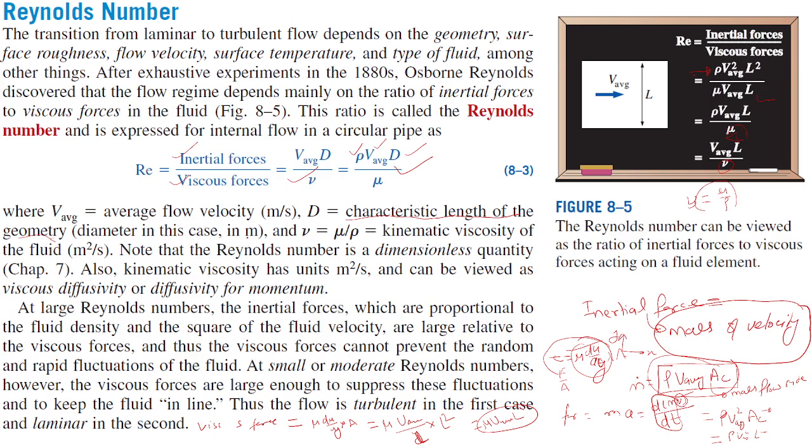In this case we are considering the pipe, so here it is the diameter. And mu is the dynamic viscosity, and nu is the kinematic viscosity. Also, kinematic viscosity has the unit of meter squared per second and can be viewed as a viscous diffusivity, or the diffusivity for momentum.